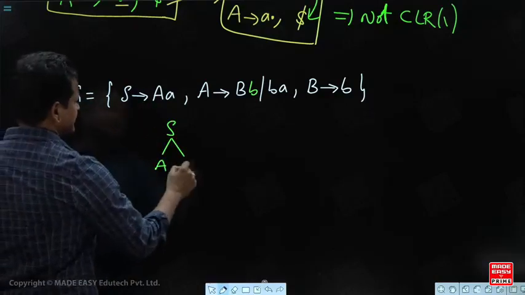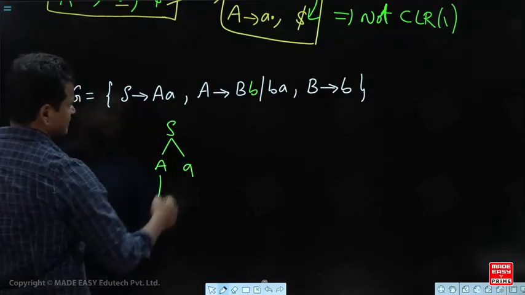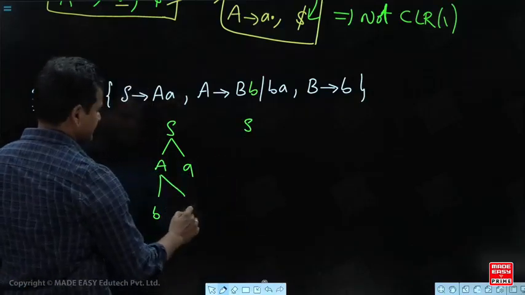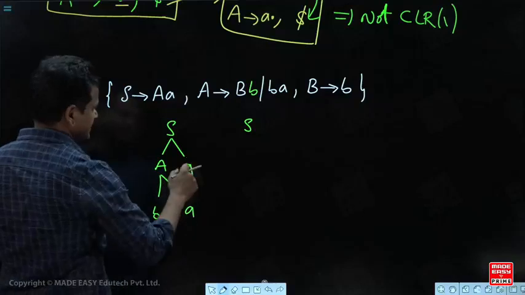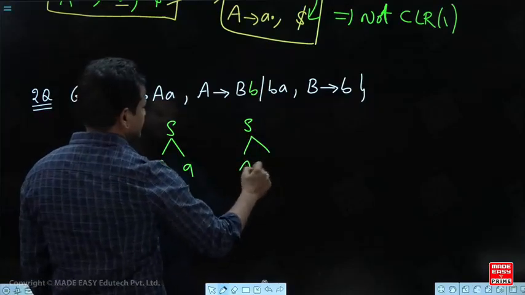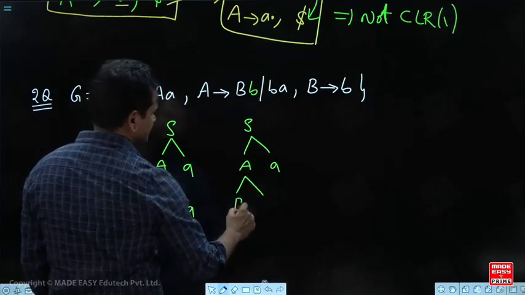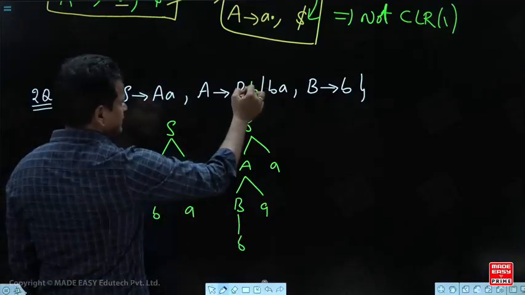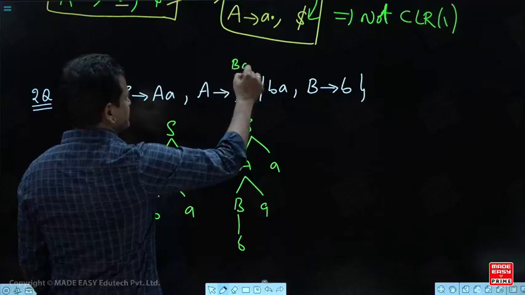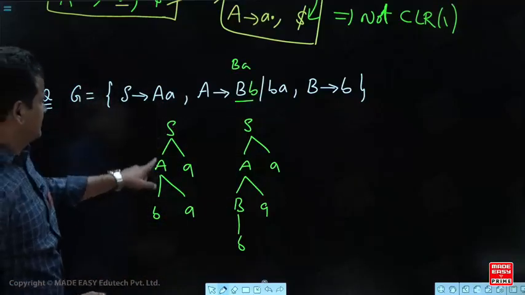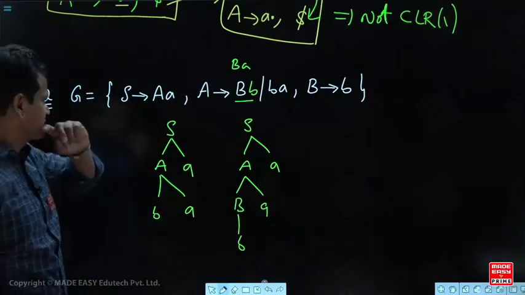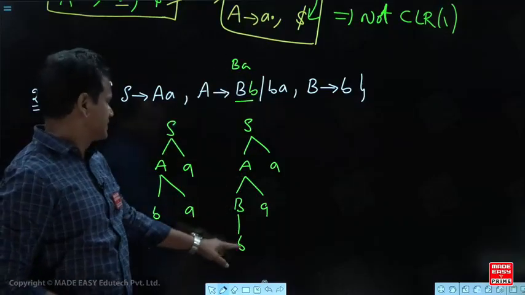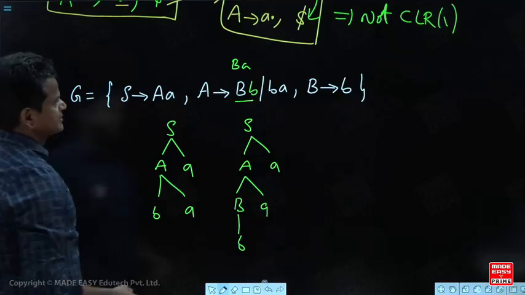Earlier S derives A plus B and A plus BA, then BA. And here S derives A plus BA and B. So earlier, when it was the BA production, S derives A plus BA and B plus B, so it was ambiguous.